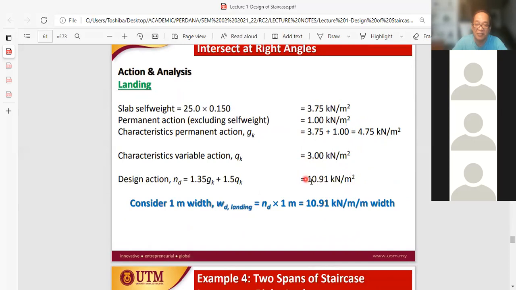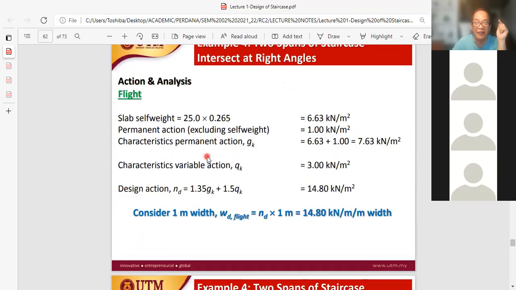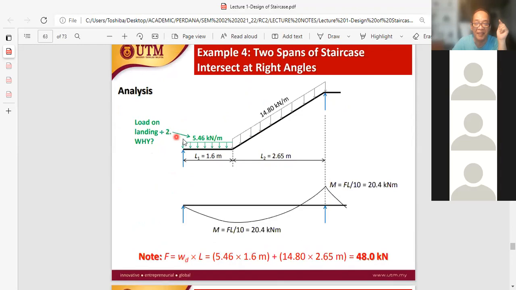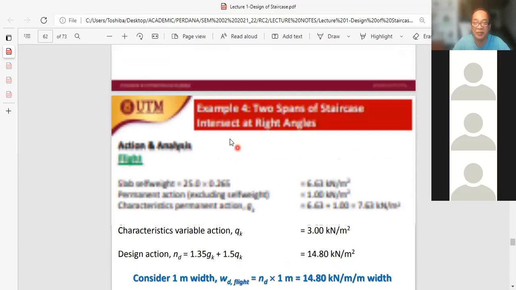So the design load is approximately 11. Half of 11 is approximately 5.5. Now remember 5.5, right? So when we look at flight number 1, the load on the landing is not 11, but 5.5. Half the load of the actual landing.